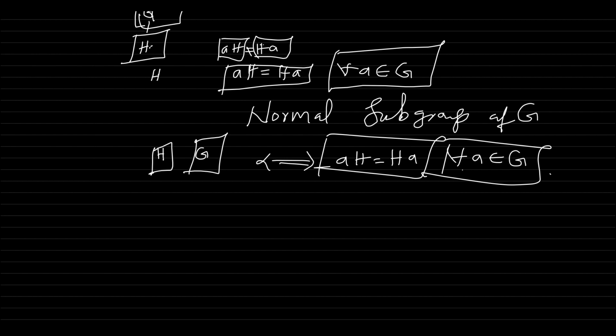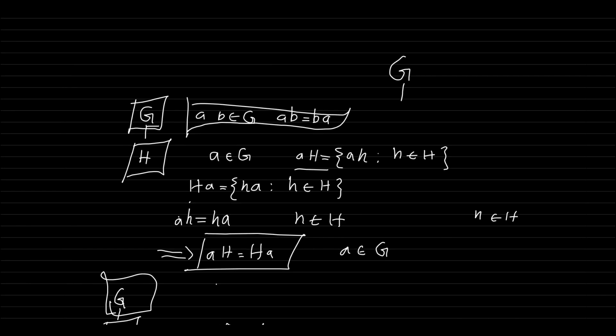So from our first explanation we can say that if G is an abelian group, then every subgroup of G will be normal in G. Every subgroup of an abelian group is normal.